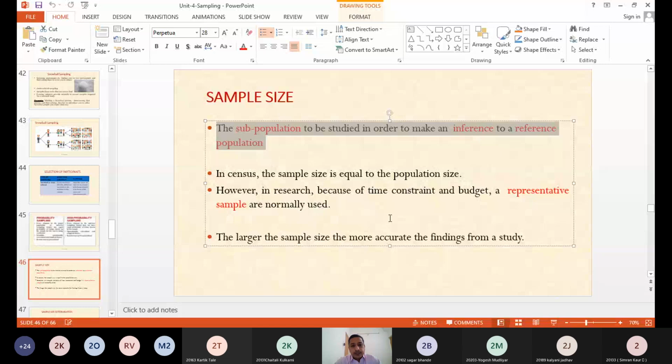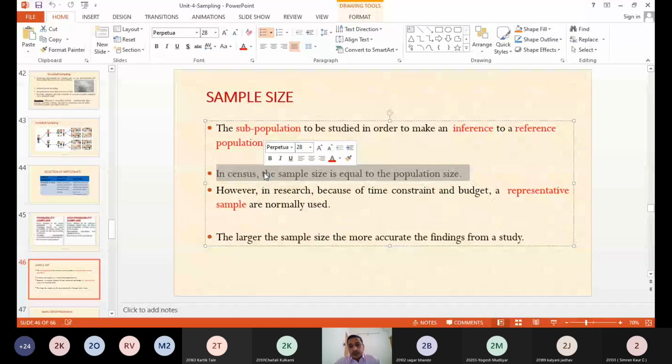There can be a census study. Census study means the study wherein we include all the subjects or all the units of that particular population in that study. So in census, you will see that the sample size is equal to the population size. So we take the entire population as the sample.